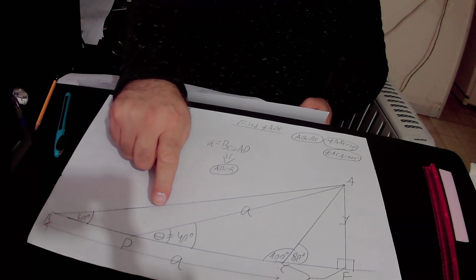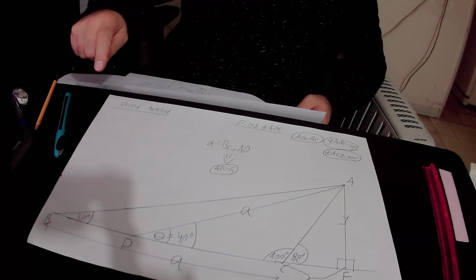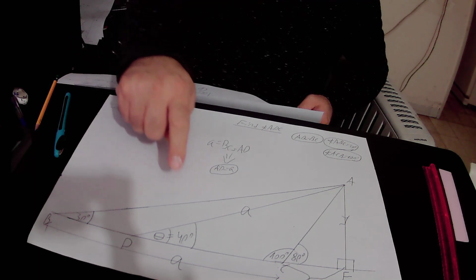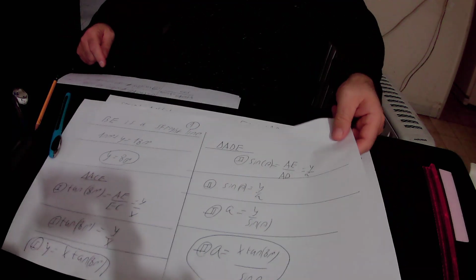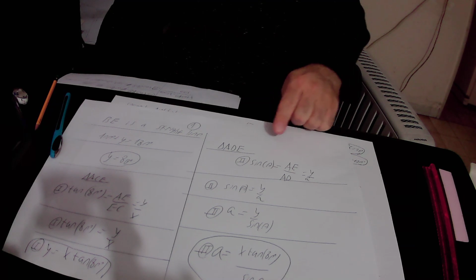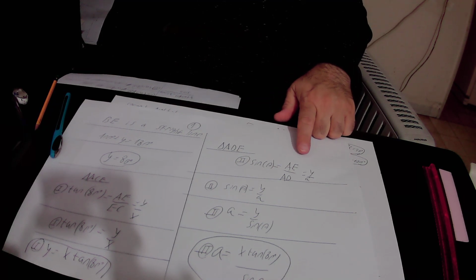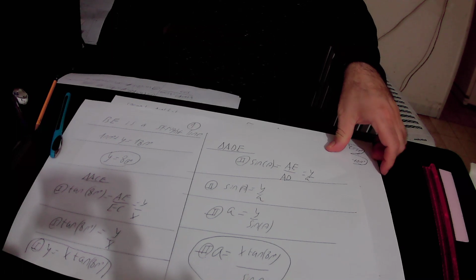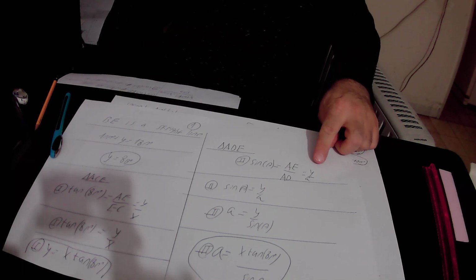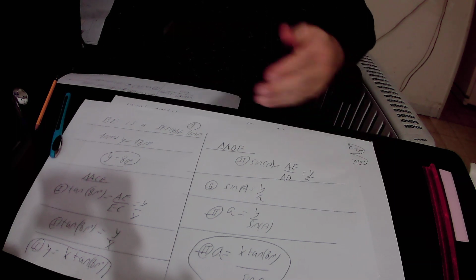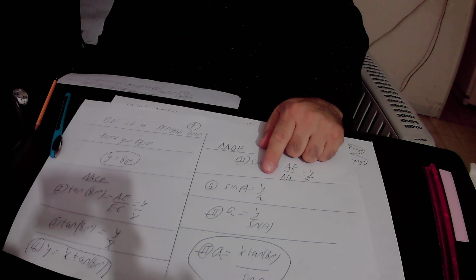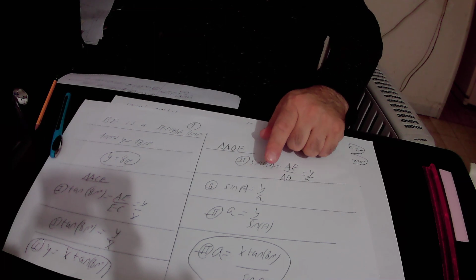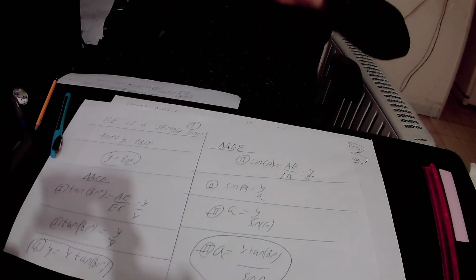In the right triangle ADE, we know that sine theta equals AE over AD, but AE equals Y, and AD equals A, so we found out that sine theta, according to equation number 2, equals Y over A. Then we multiplied equation number 2 by A, and then we divided by sine theta, and we got that A equals Y over sine theta.